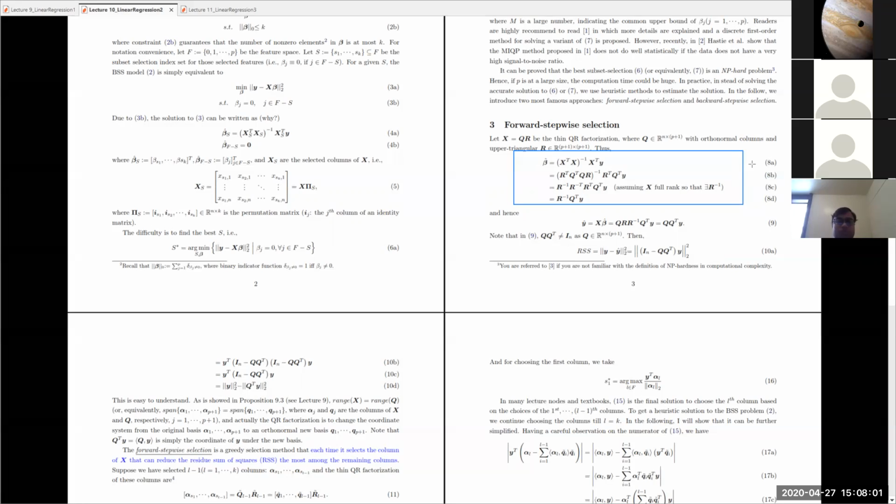If Q is not an orthogonal matrix, you do not have Q Q^T equals I, okay? Q Q^T is another thing. Orthonormal columns means Q^T Q equals I. Be very careful, okay? Since beta hat equals R inverse Q^T y, I substitute into the estimation of y, which is y hat equals X beta hat, so that I have this.